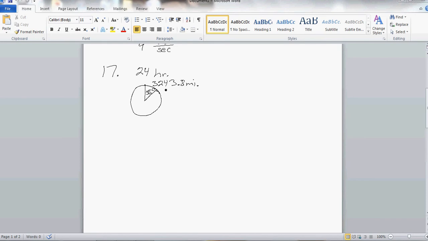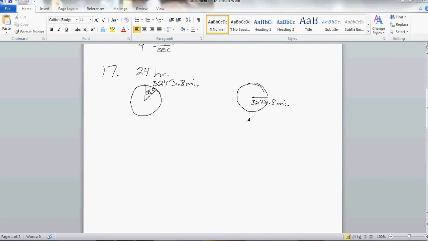Therefore, a location on Earth at 35 degrees north latitude is spinning on a circle of radius 3,243.8 miles, and we're computing the linear speed on the surface of the Earth. Okay, well, this was just a visual of the entire situation, but if you are right on the 35th parallel north, then the radius would become 3,243.8 miles.